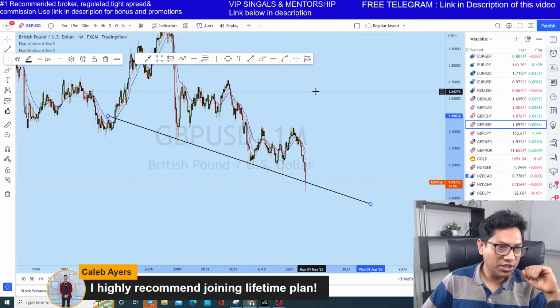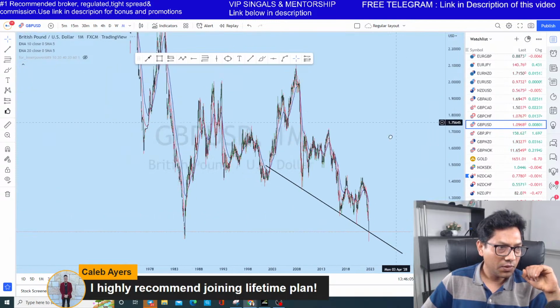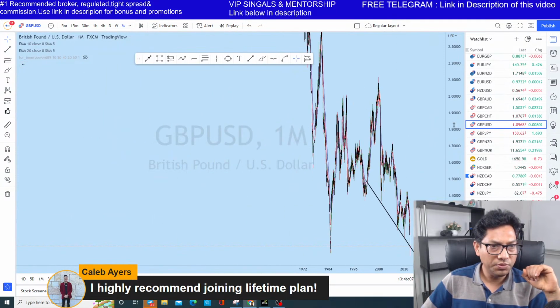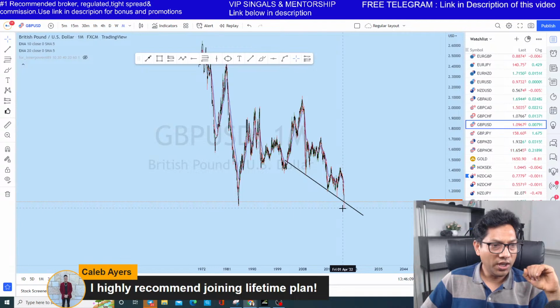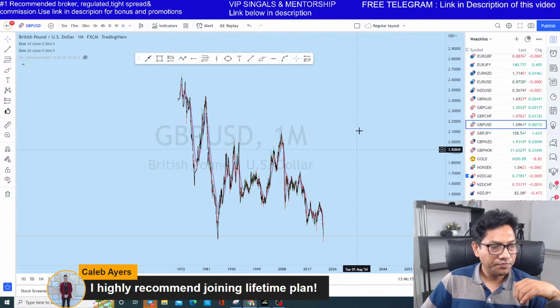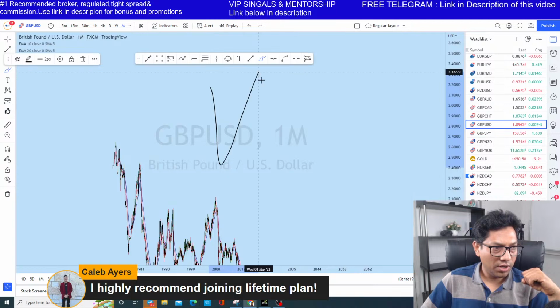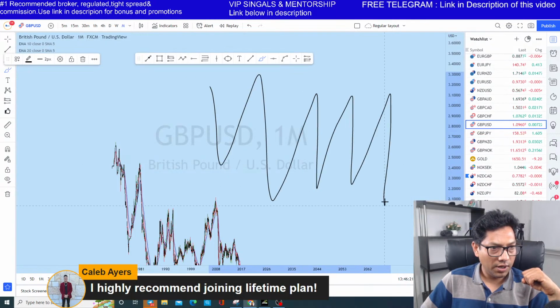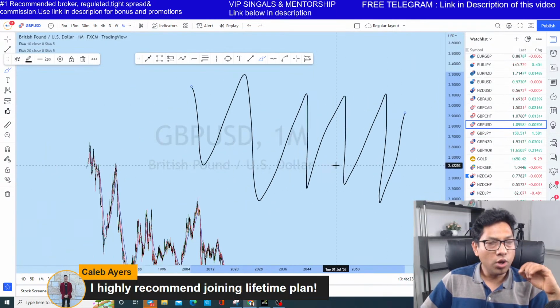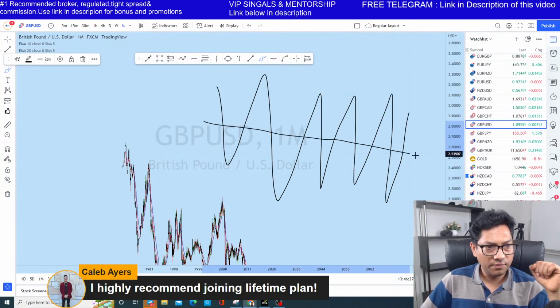Okay, there is a strategy behind this as well. So what mean reversion tendency is, see, this is the monthly chart on GBPUSD, right? Where GBP, look at this here, this is the bottom. So the price, let's say the market moves like this. The average of this price is around this zone, right?